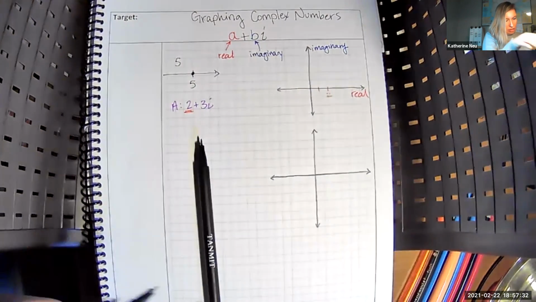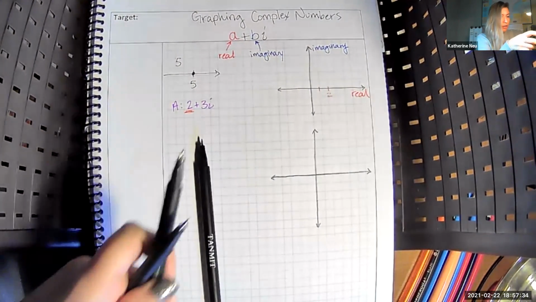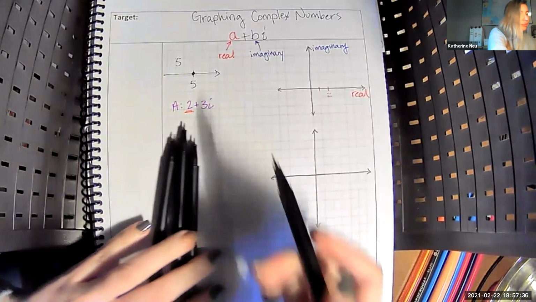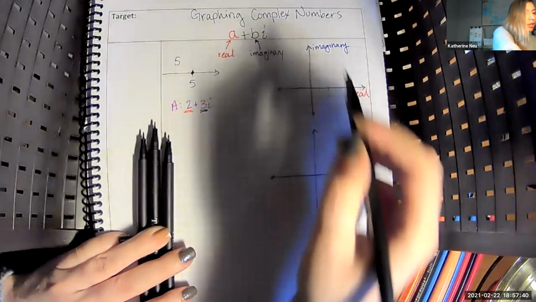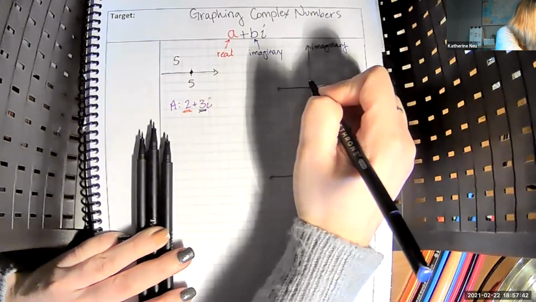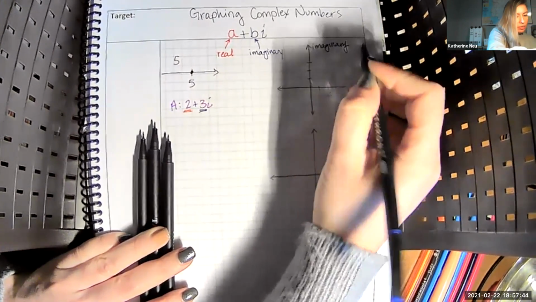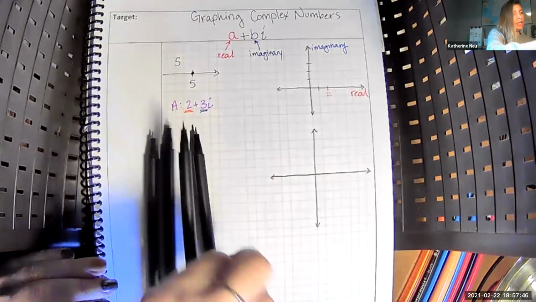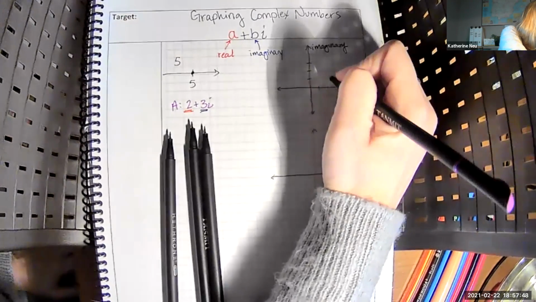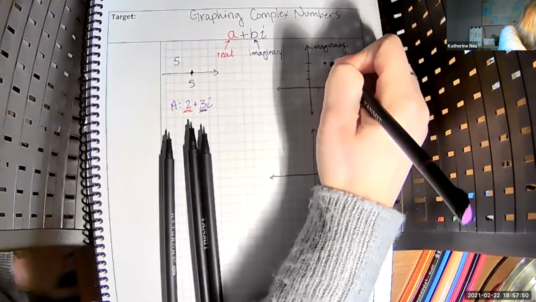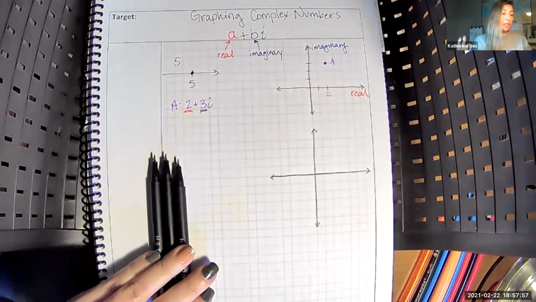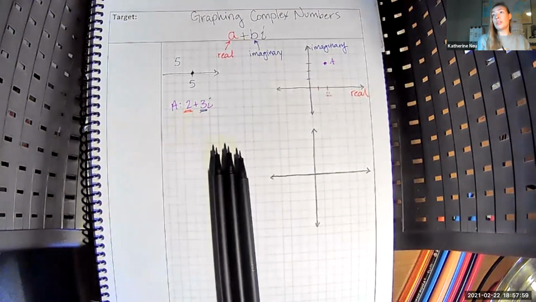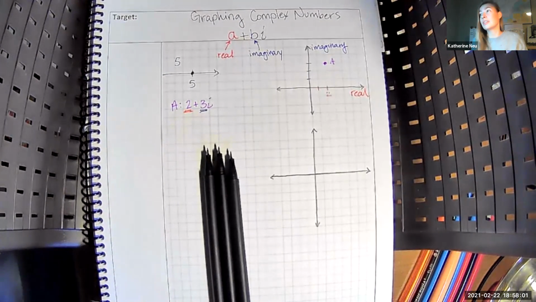And then on my imaginary part, I have 3, so I'm going to go up 3 on the imaginary axis. And that's where I'm going to plot my point A. Boom, done.